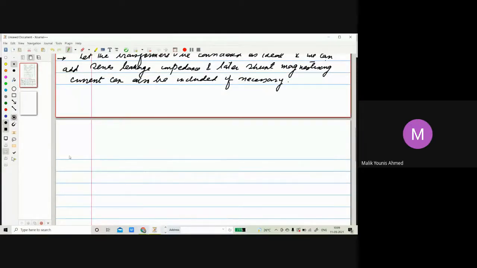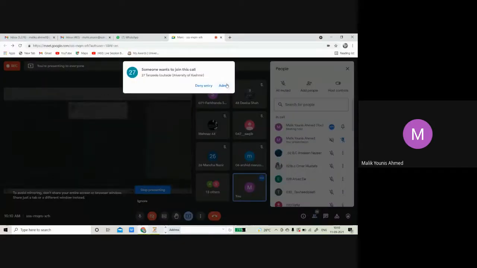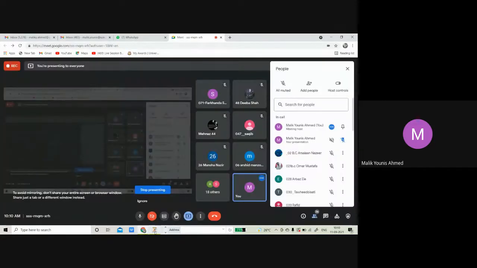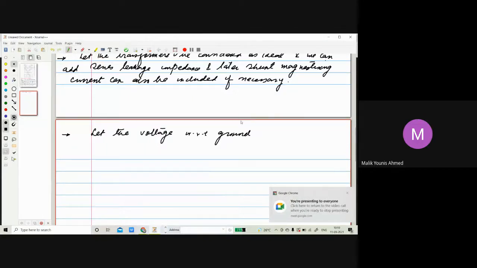for the sake of analysis, let's consider voltages with respect to ground: VA, VN on the high voltage side, and also Va on the low voltage side, LV side.